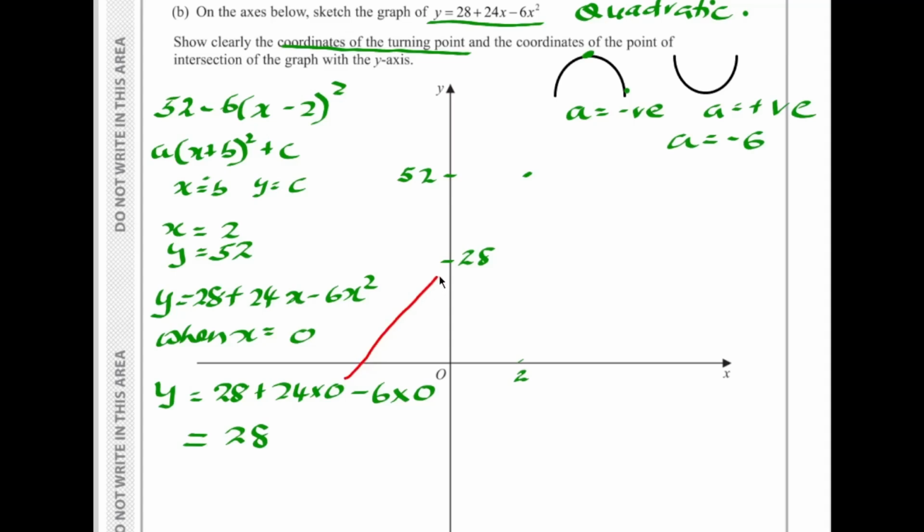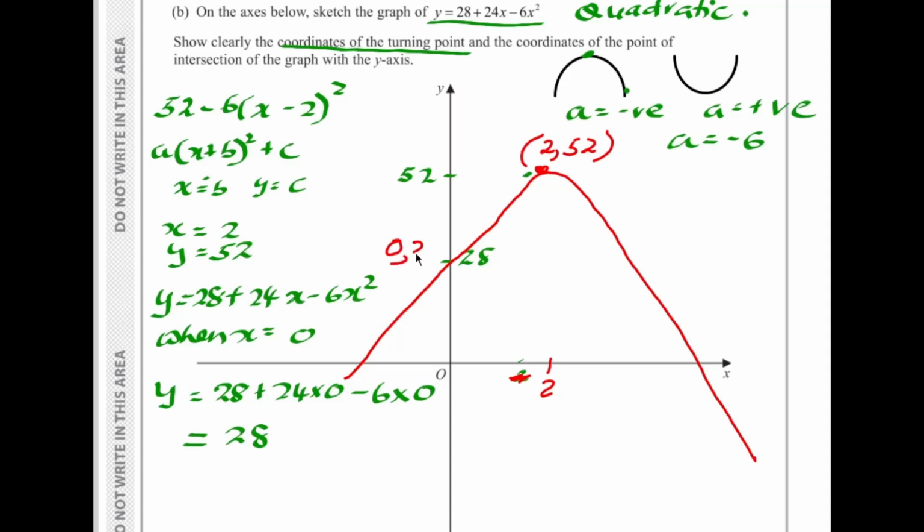Make it smooth. Like this. This one has to be 2 then. Got it? It is something like this. Now you can write here 2, 52. This one would be 0, 28. This is also fine, but write it as a coordinate since you've been asked to write it as a coordinate.